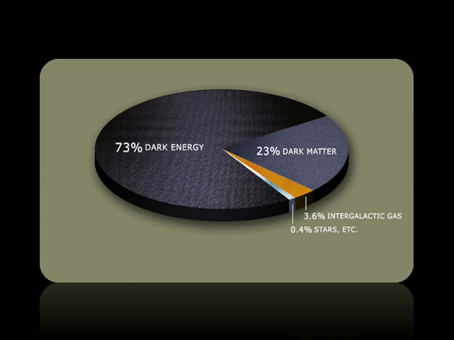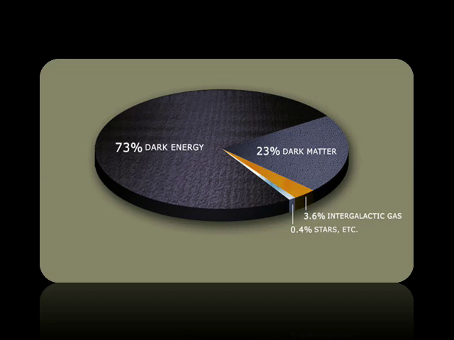Dark matter vastly outpopulates that, if we use dark matter in all the situations where we need it to explain galactic rotation and the behavior of globular clusters, galaxies, and so on. 23% of the universe would have to be composed of dark matter. The other 73% of the universe is composed of dark energy.